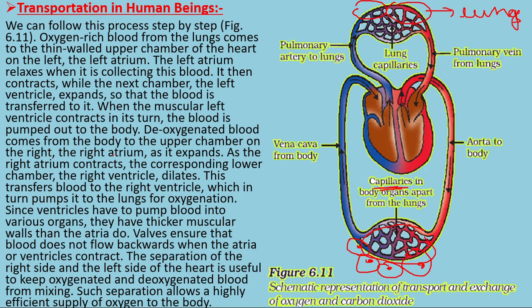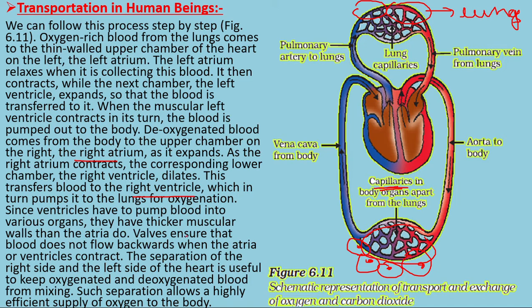Deoxygenated blood comes from the body to the upper chamber on the right, the right atrium, as it expands while the left atrium contracts. The corresponding lower chamber, the right ventricle, dilates. This transfers blood to the right ventricle, which in turn pumps it into the lungs for oxygenation. Since ventricles have to pump blood to various organs, they have thicker muscular walls than the atria do.